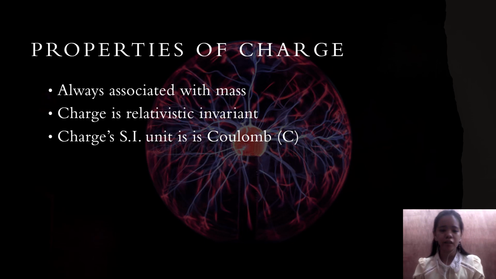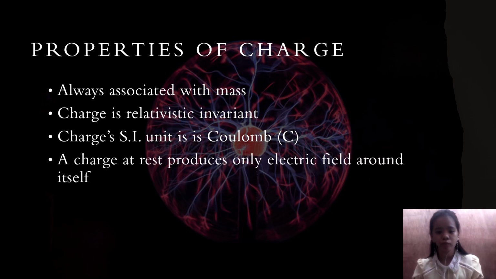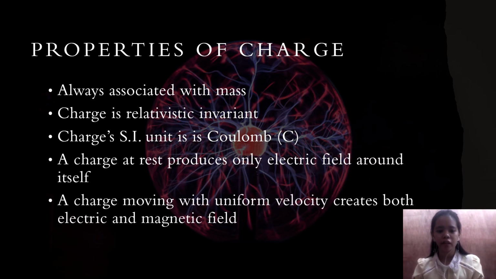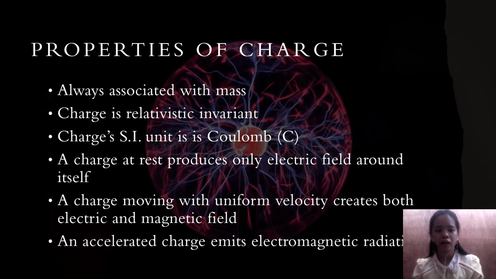The charge SI unit is the coulomb. A charge at rest produces only an electric field around itself. A charge moving with uniform velocity creates both electric and magnetic fields. And take note that charge can exist without mass, or mass can exist with or without charge.